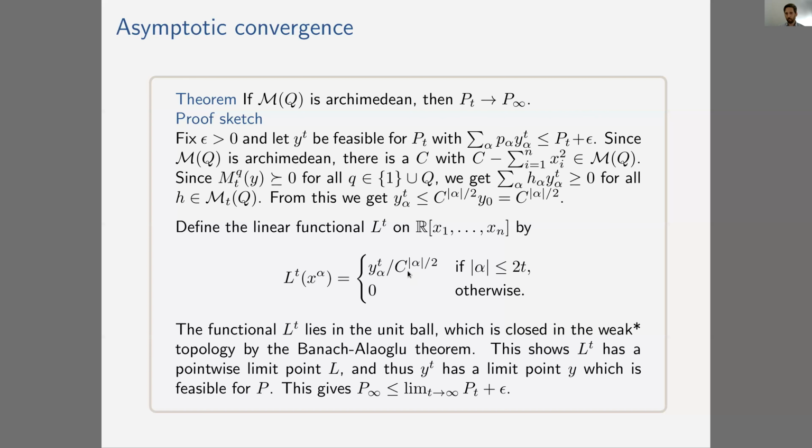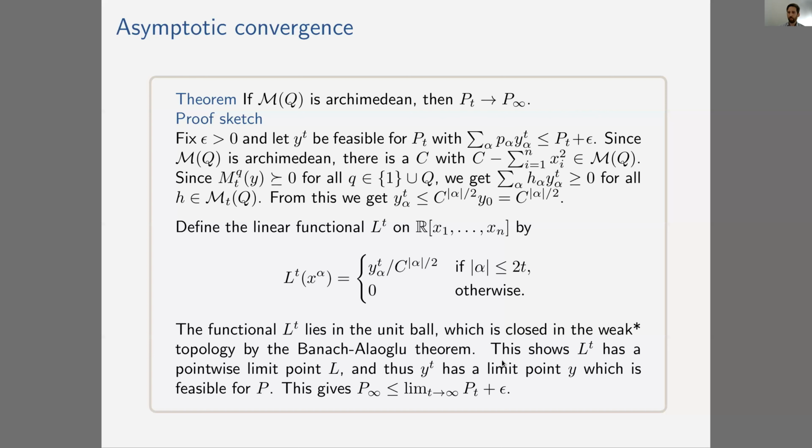Because of this normalization, L_t lies in the unit ball in this dual norm. And then we know by the Banach-Alaoglu theorem that this unit ball is weak-star compact, so it's compact in the weak-star dual topology.